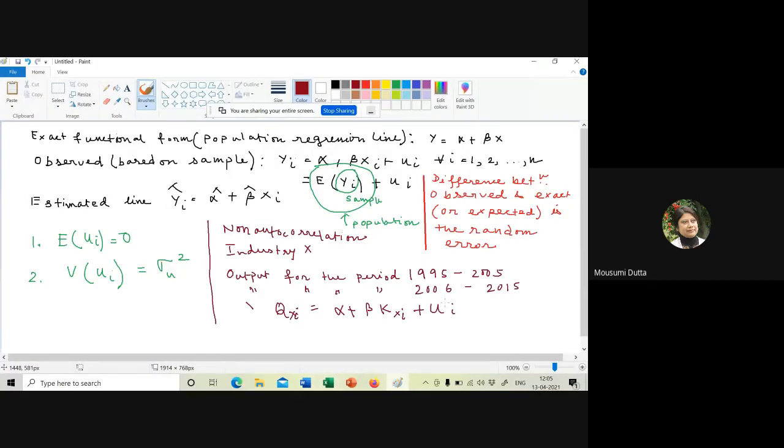For the same country, same industry, if you change only the time period, there will be some common factors which are always working to establish the relationship between Y and X. And that creates noise in the system and makes the error component autocorrelated.